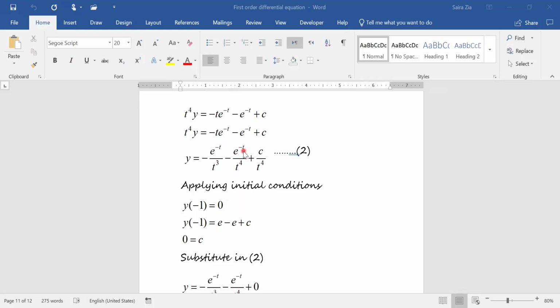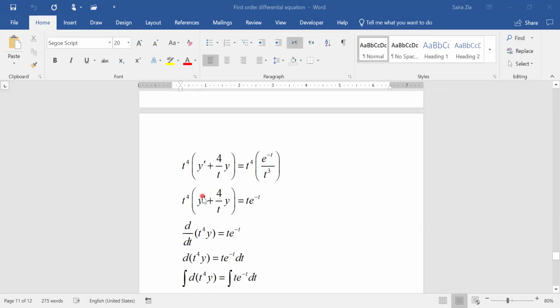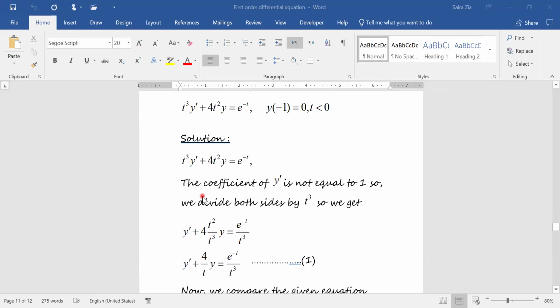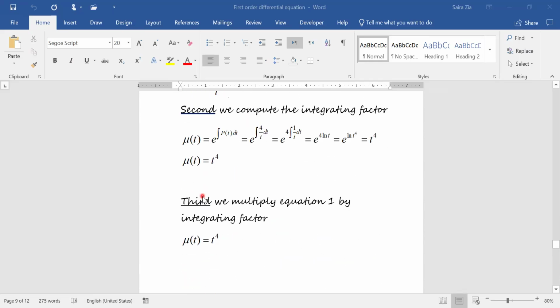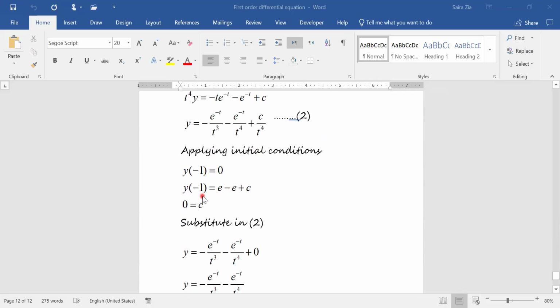Here minus and minus becomes plus. Here also it becomes plus.